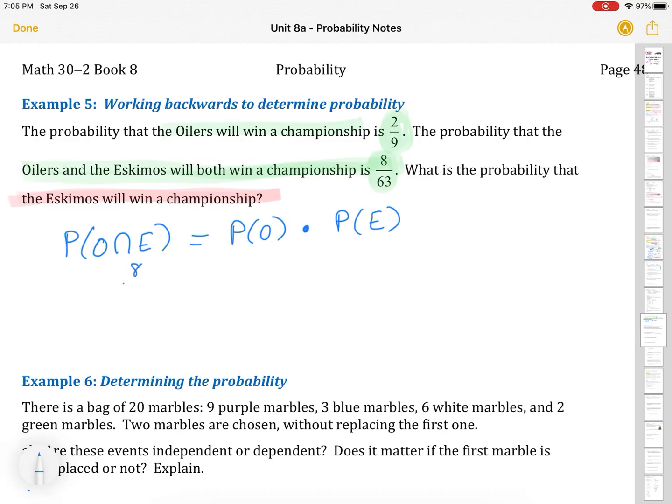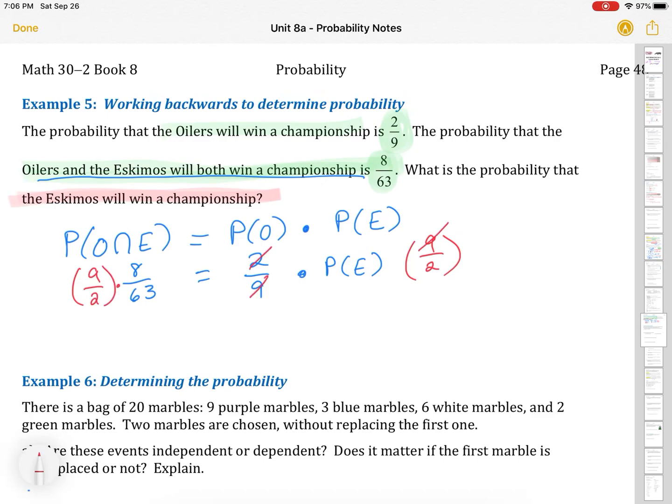So the probability that the Oilers and the Eskimos win should equal the probability of the Oilers winning times the probability of the Eskimos winning. Once we map that out, we just fill this in. So we have 8 out of 63 for both of them winning is equal to the probability of the Oilers winning, 2 out of 9, times the probability of the Eskimos winning. We're going to rearrange and solve. We do that by multiplying both sides by 9 over 2, right?